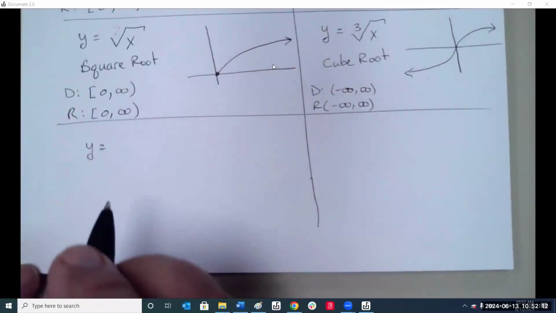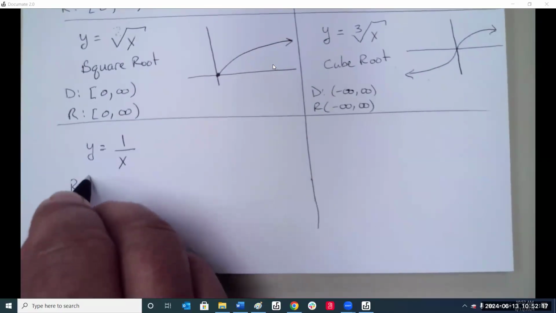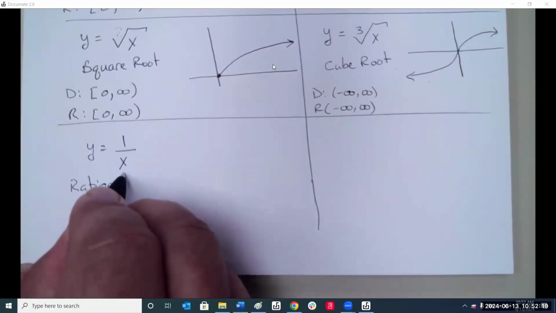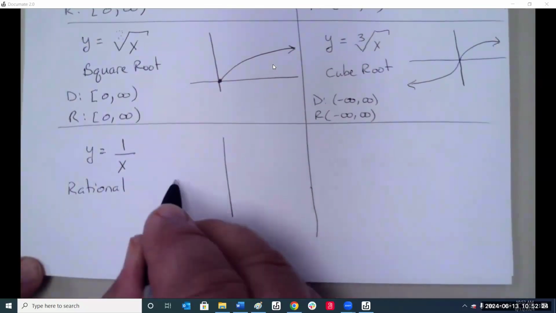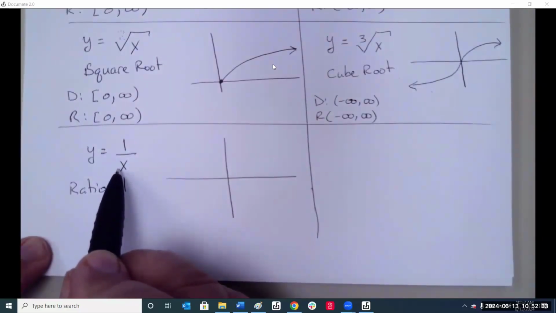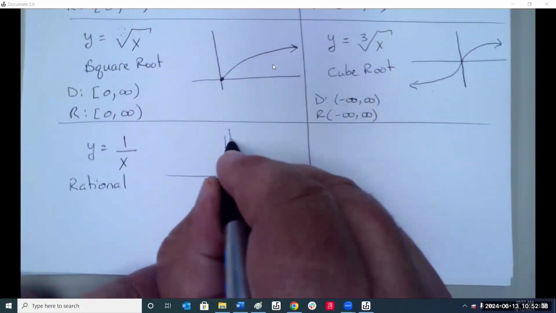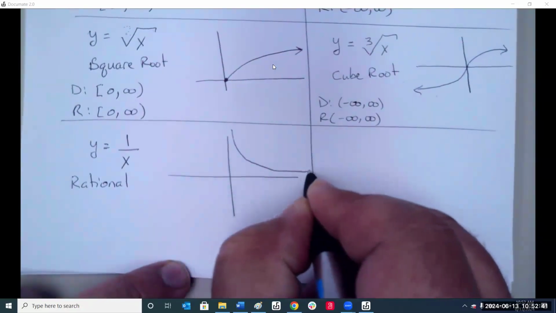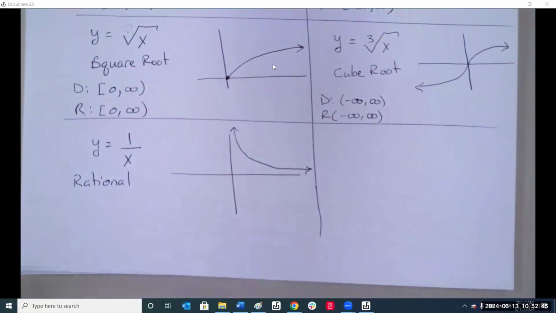Now let's look at the rational functions. What this function looks like is because you can't have 0 in the bottom. When x gets bigger, the function gets smaller. That's on the positive side.